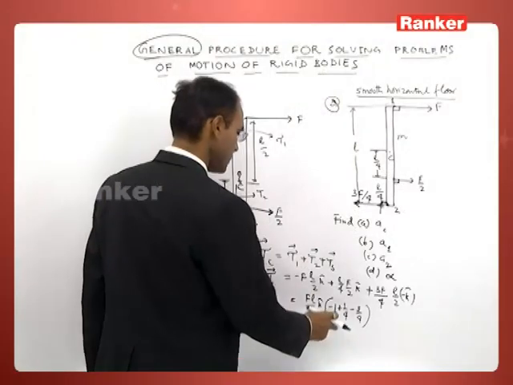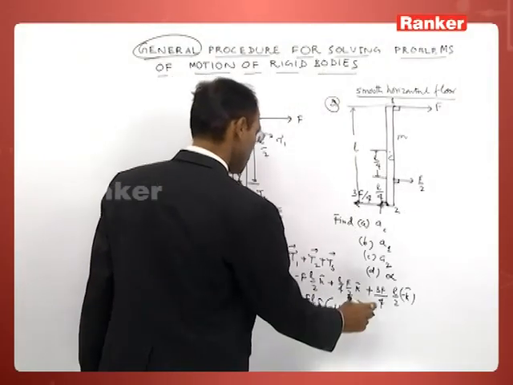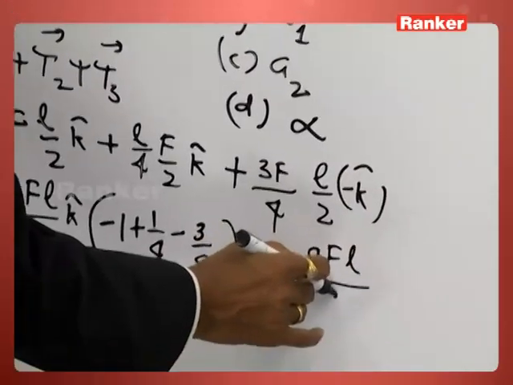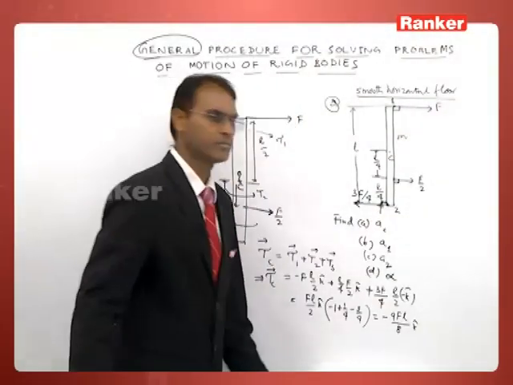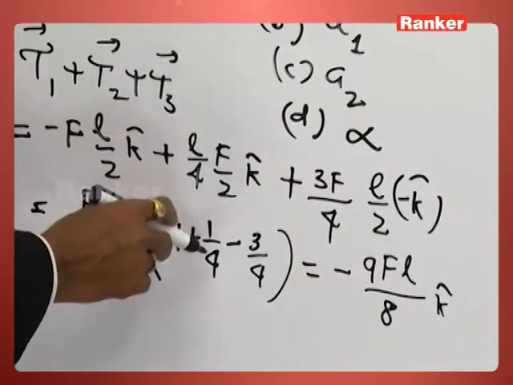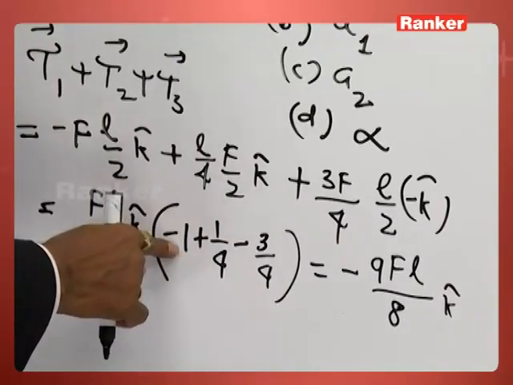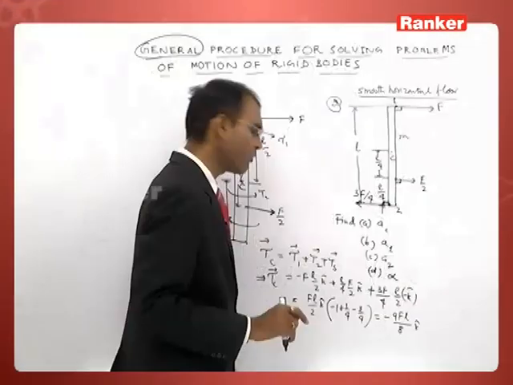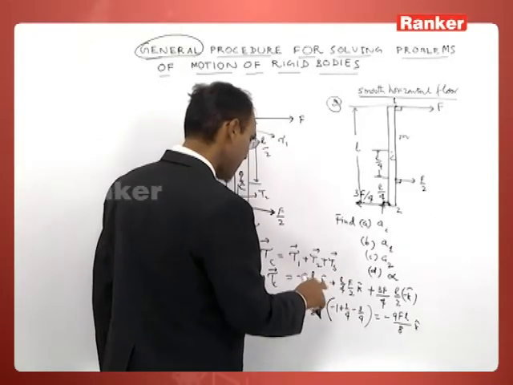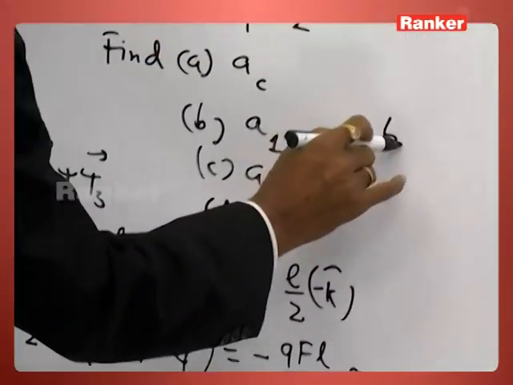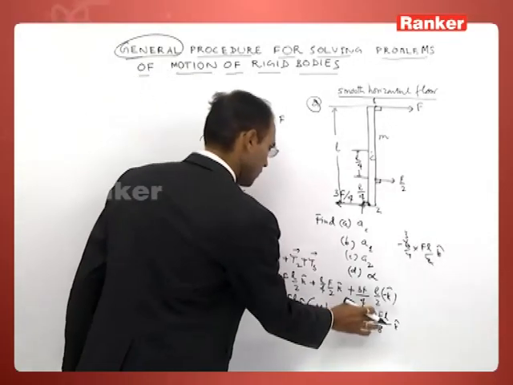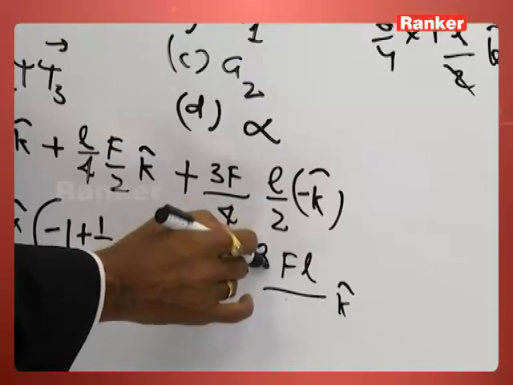Minus 1 plus 1/4 is minus 3/4, and minus 3/4 minus 3/4 is minus 6/4. So the net torque is minus 3FL/4 k cap.